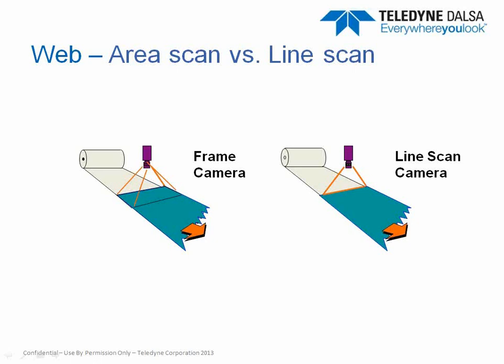And they use multiple frame cameras across the web. But then on the other side, you have customers that would like to look for very small defects, very particular on film, whether you're looking for micron holes or contaminants. So that's, I believe, a much better area where line scan would do the job.